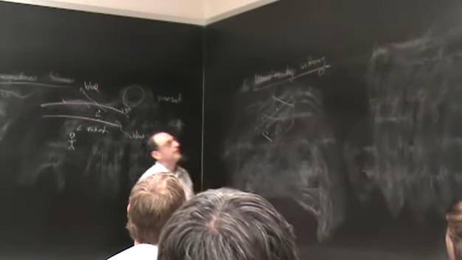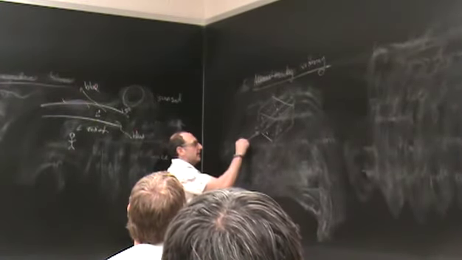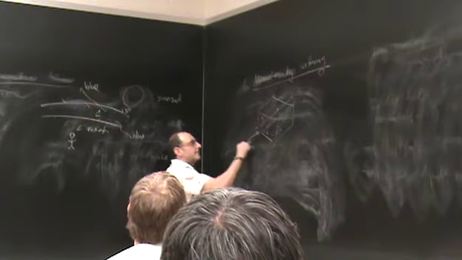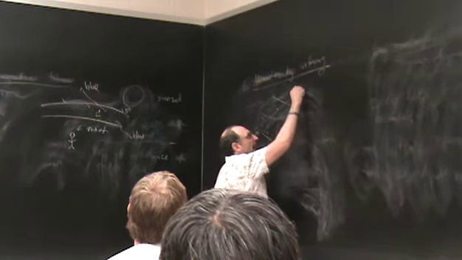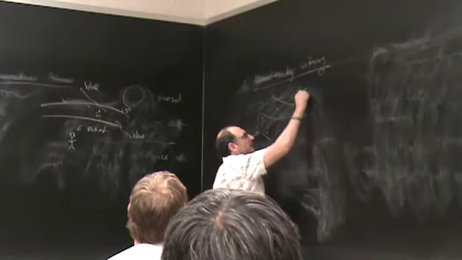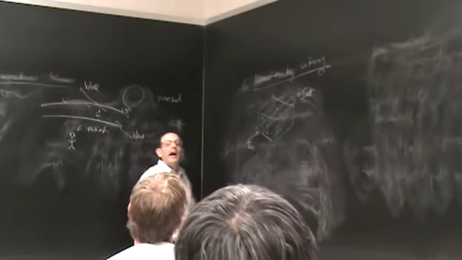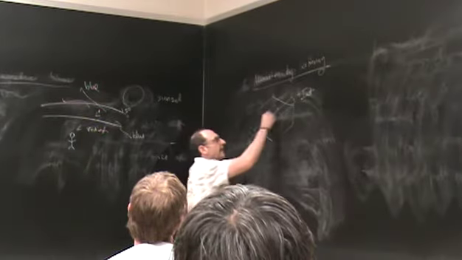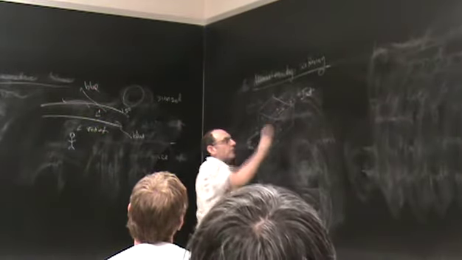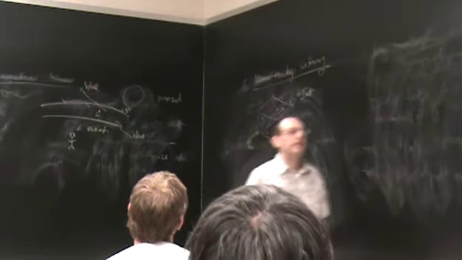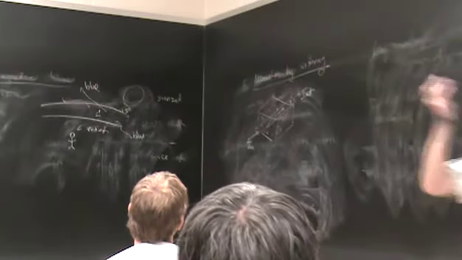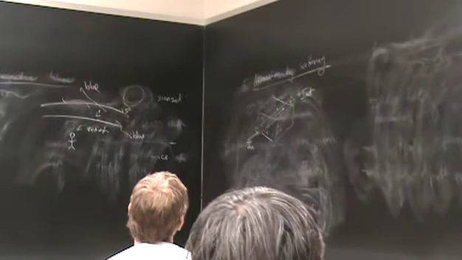Okay? So there's some incident intensity and some out intensity. And I want to know how the intensity varies as a function of distance that I propagate through this cell of atmosphere. Okay?